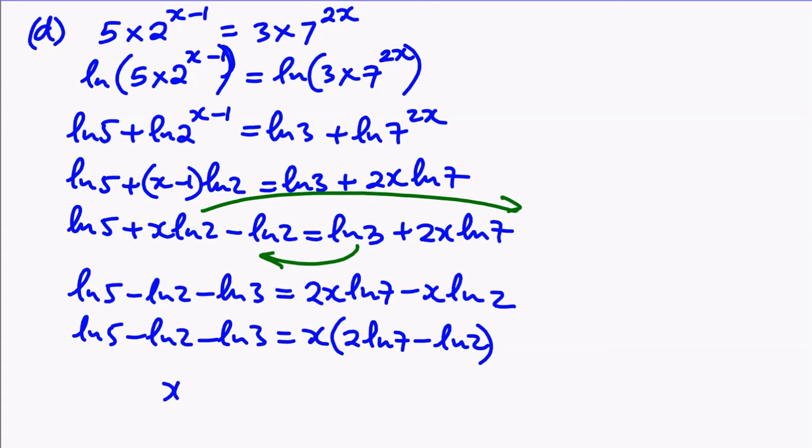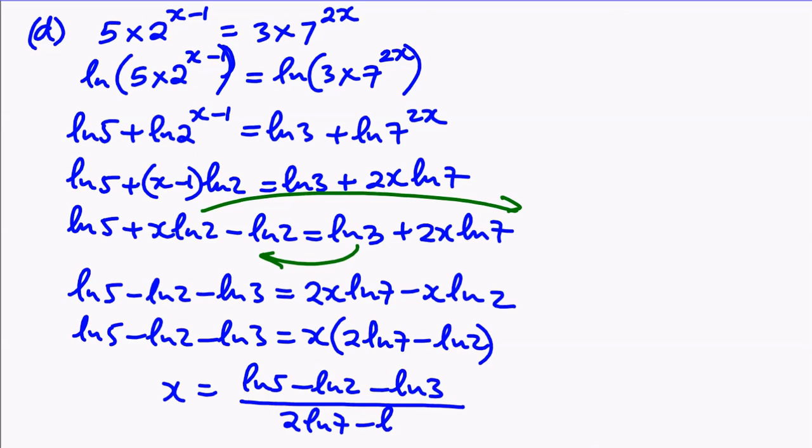So x will be ln 5 minus ln 2 minus ln 3 over 2 ln 7 minus ln 2, which will be equal to negative 0.057.